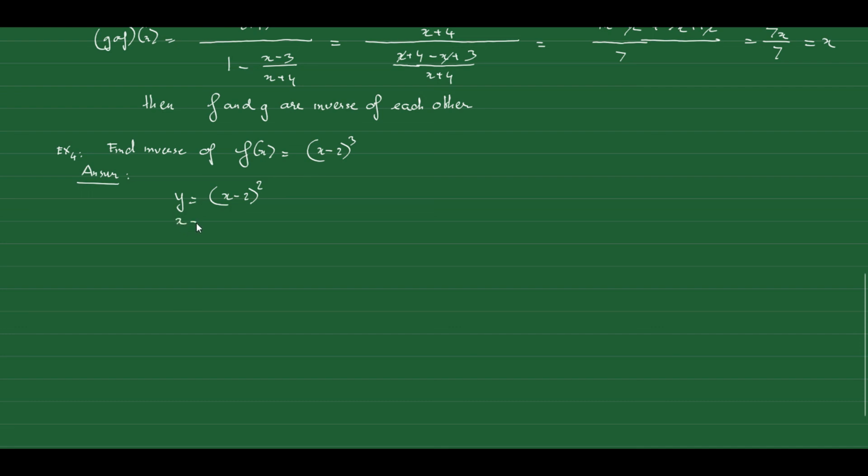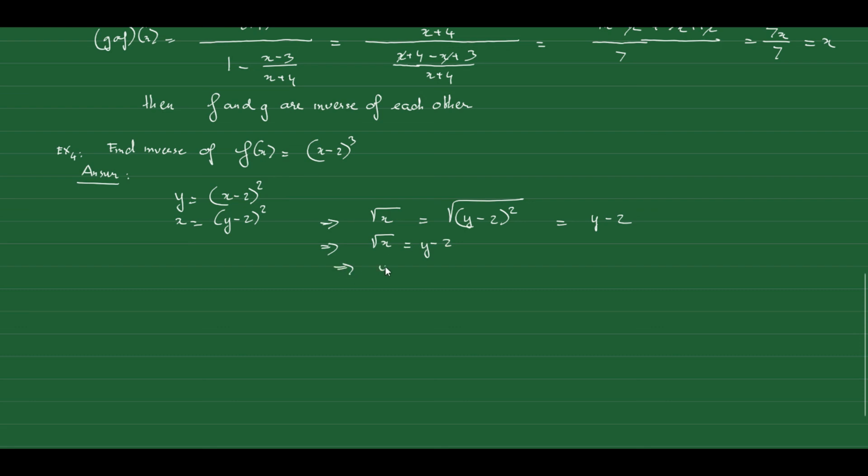So y becomes x, x becomes y. Then you try to solve for y. It means you try to get y by itself. So in this literal equation, you're gonna take the square root of both sides in this case. So we have the square root of something squared, which is the thing itself. Okay. So what I have right now is the square root of x equals y minus 2.